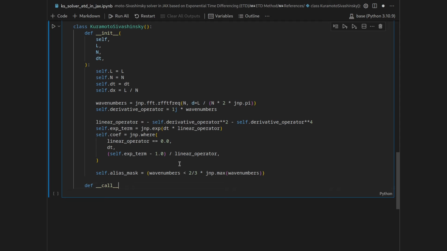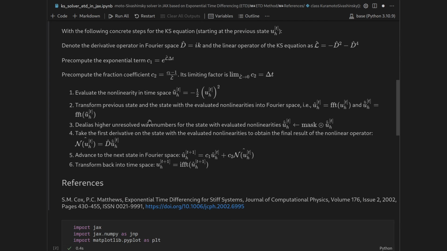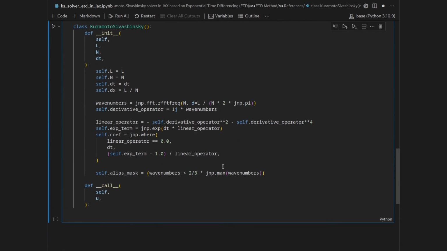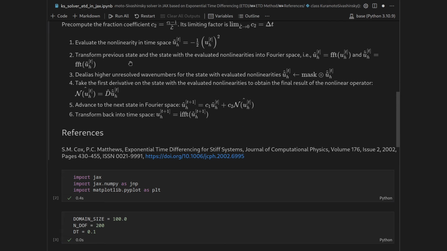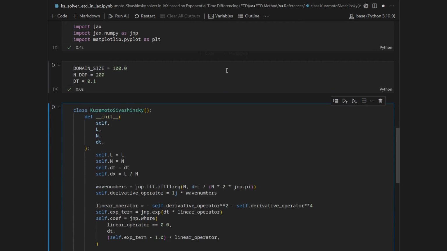So define the call method on this class, which takes self as well as u, and u shall be the state in time space. And then let's follow our algorithm. First step was to evaluate the nonlinearity. So let's do u_nonlin, which is minus 0.5 times u squared. Then second step is to transform both the nonlinearity as well as the original state into Fourier space.